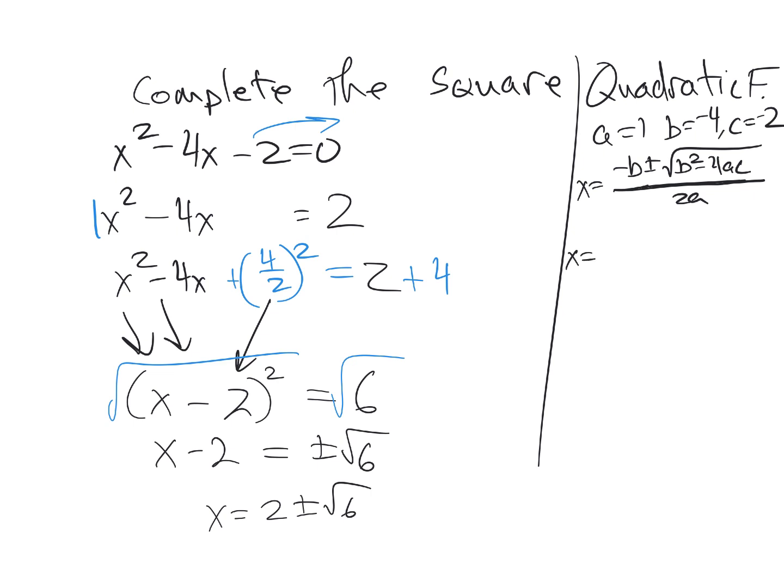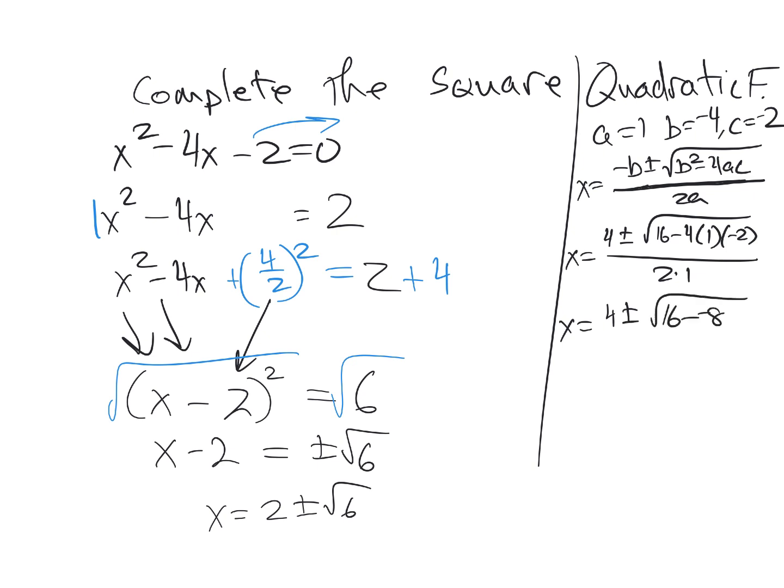So x equals negative b, which would be positive 4, plus or minus b squared is 16 minus 4 times a times c, and 2 times a. So 4 plus or minus 16 minus negative 8 all over 2. Minus a negative is plus a positive.